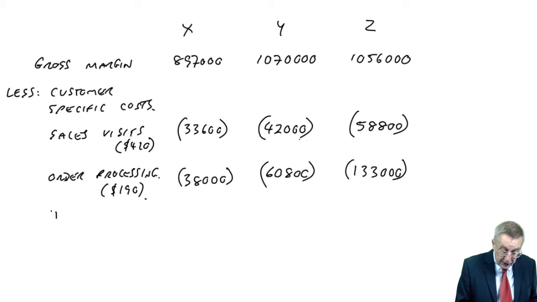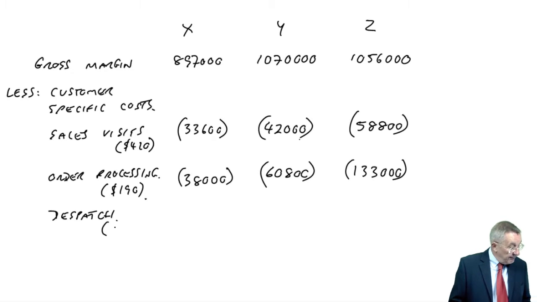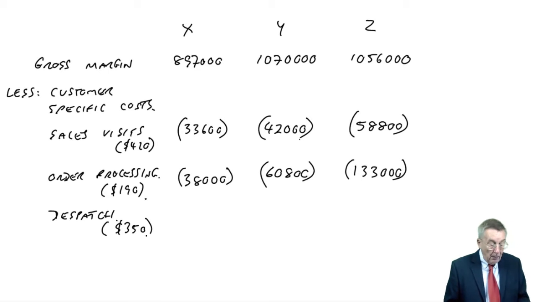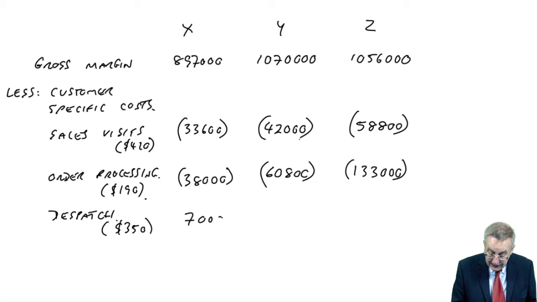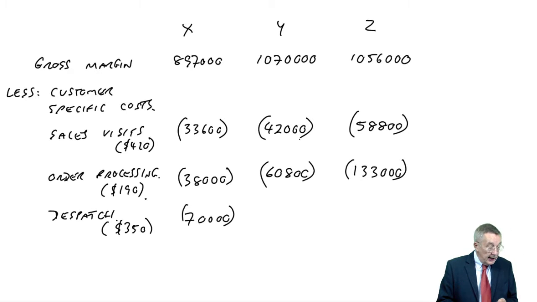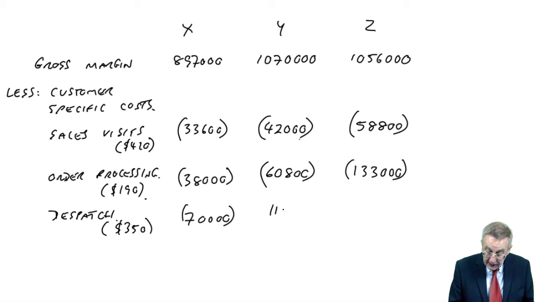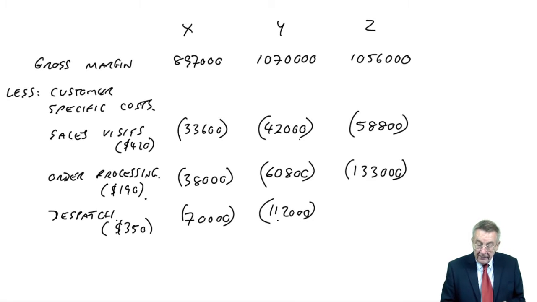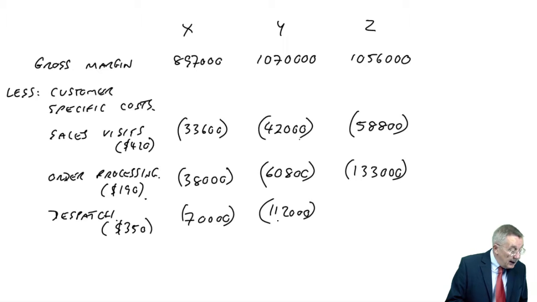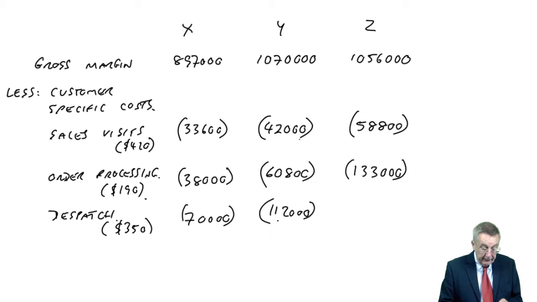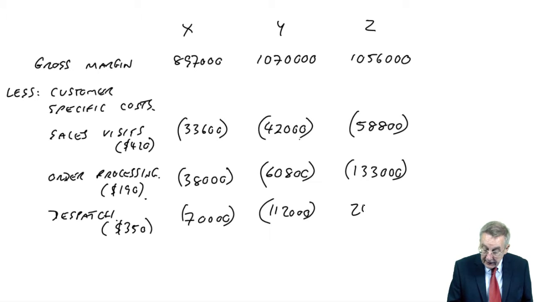Next, dispatch costs. It's 350 for every order that's placed. So X, 200 orders at 350 is 70,000. Y, 320 orders at 350 is 112,000. And Z, 700 orders at 350 is 245,000.